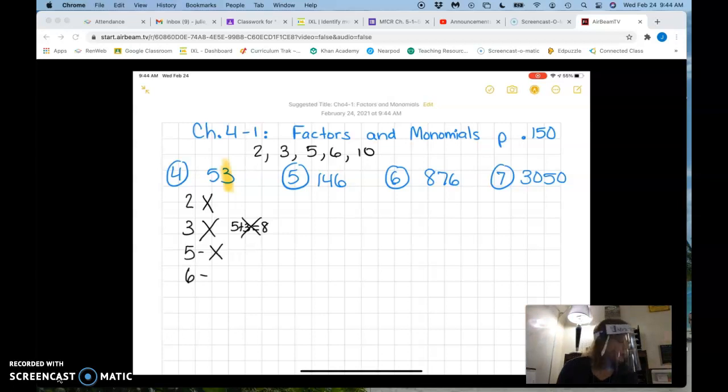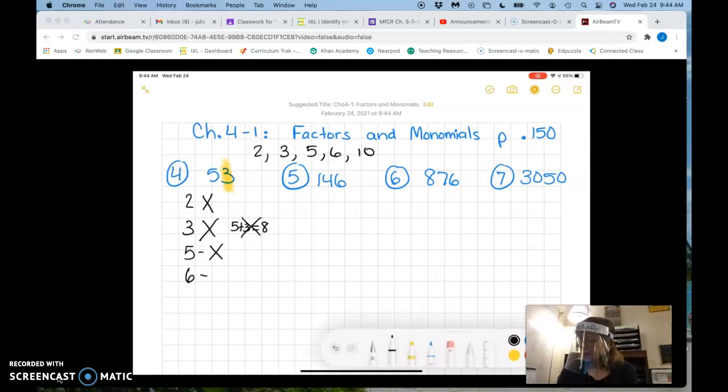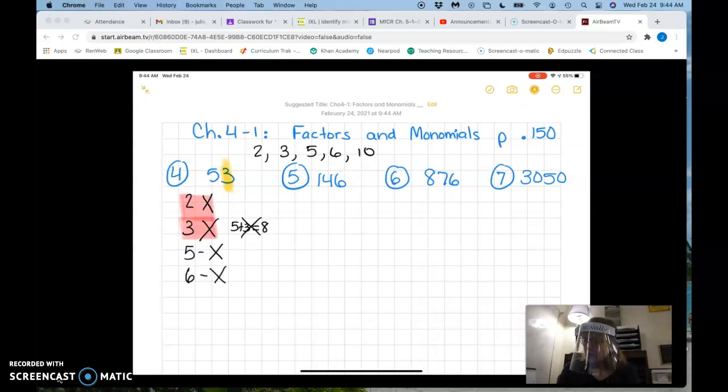What's the rule for 6? If the number is divisible by 2 and 3. Is the number divisible by 2? No, we already said that. And look up here. Is it divisible by 3? No, we already looked at those two and they were both x's. So it's not divisible by 6 either.